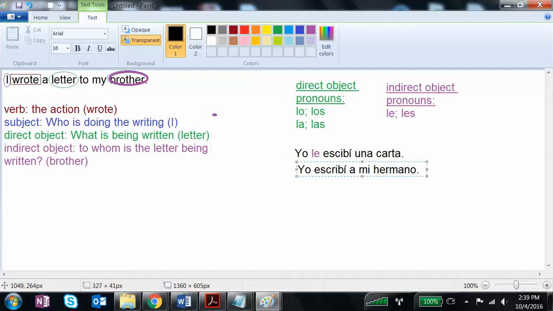What I'm missing this time is my letter, and the letter is my direct object, because here I've got the subject, the person who's doing the writing, and then I've got the person to whom it's being written, but I don't have what's being written. So this time I'm replacing letter. Letter is carta, so I need the feminine direct object, and again, it still goes here. La escribí a mi hermano.